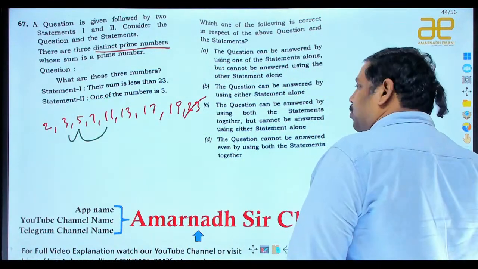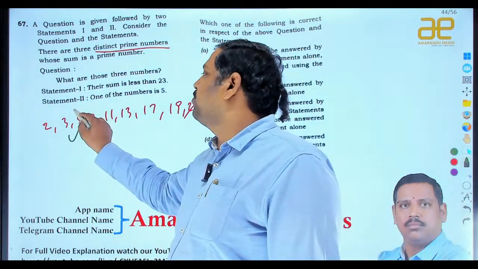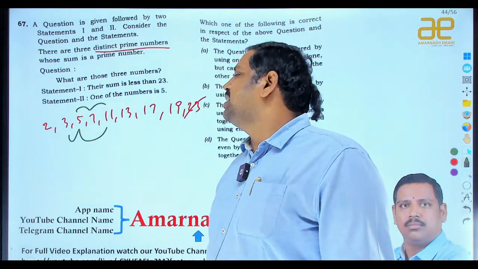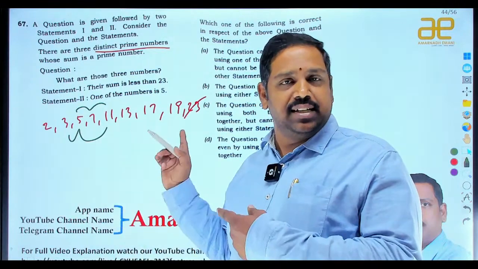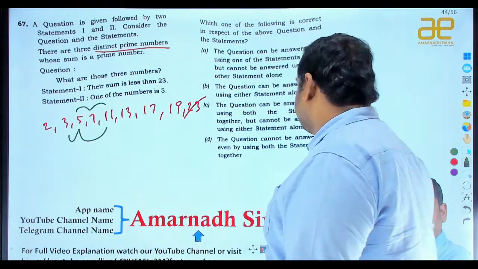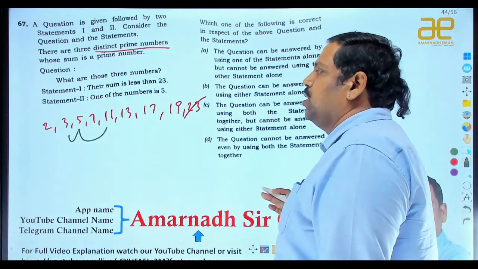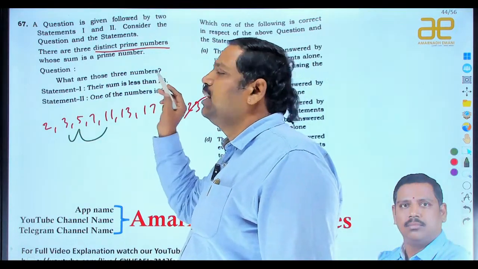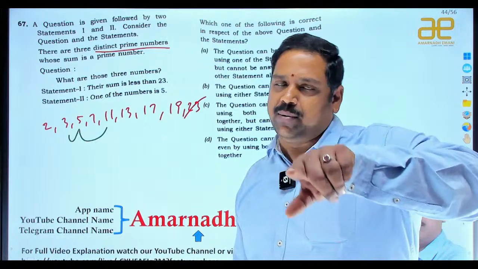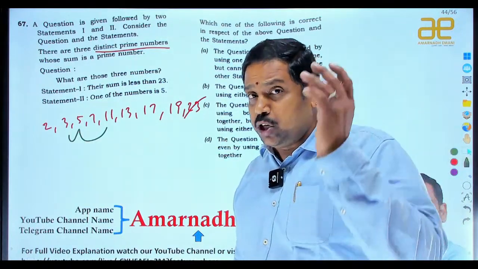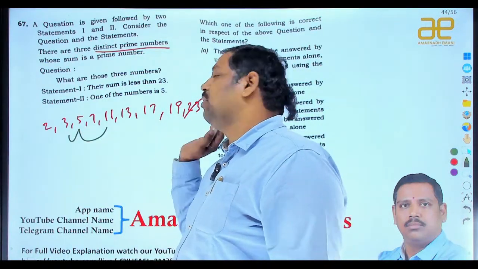So no need to check anymore. Suppose I check this combination, 5 plus 7 plus 11, it is equal to 23. But our intention is less than 23, so that is also not a possibility. So no need to check any other. So the only possibility, the sum of 3 prime numbers being again a prime number less than 23, is 3, 5 and 11.